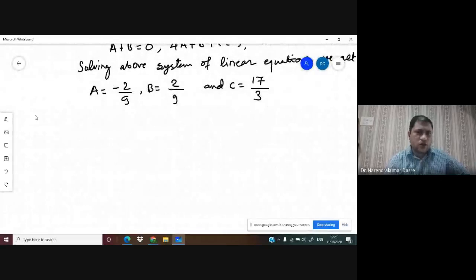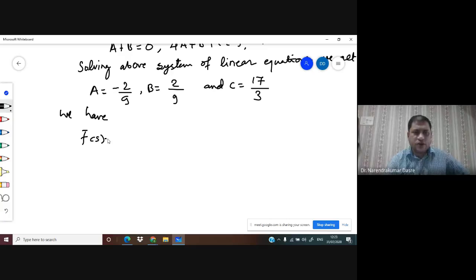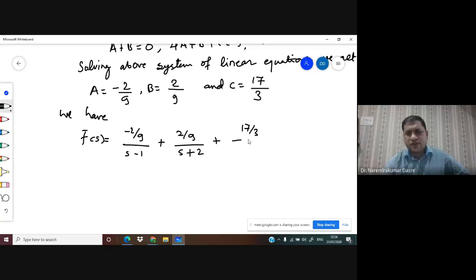So in equation 1, we have F bar of s equal to -2 by 9 upon s - 1 plus 2 by 9 upon s + 2 plus 17 by 3 upon (s + 2) bracket square.